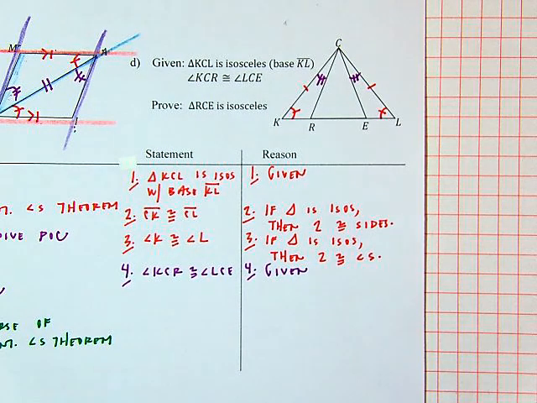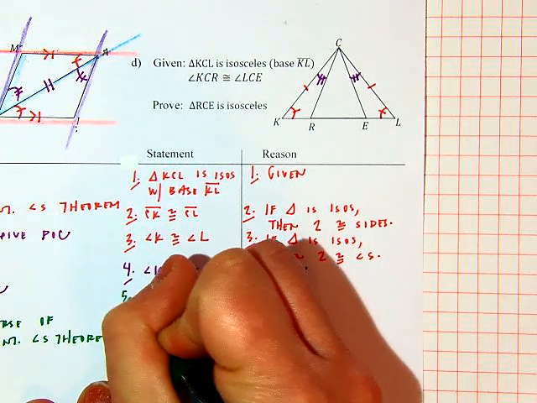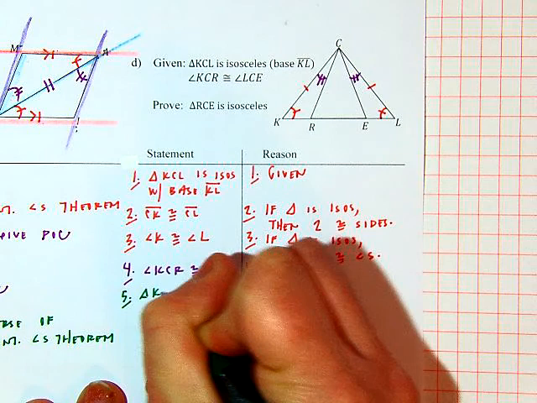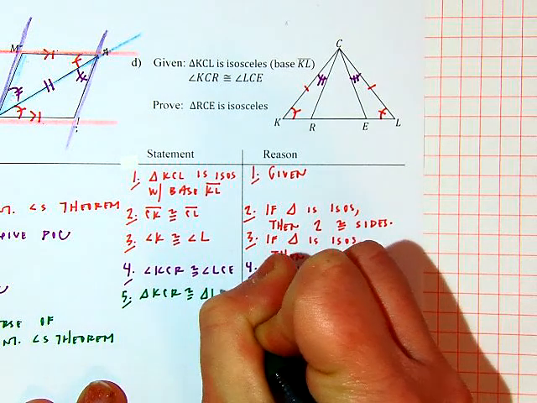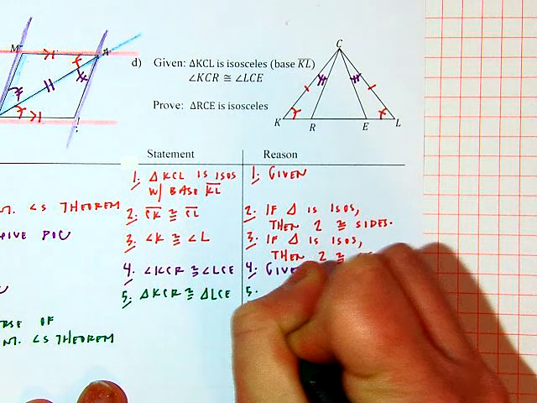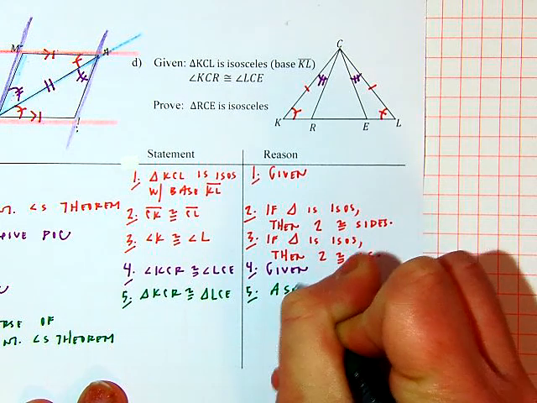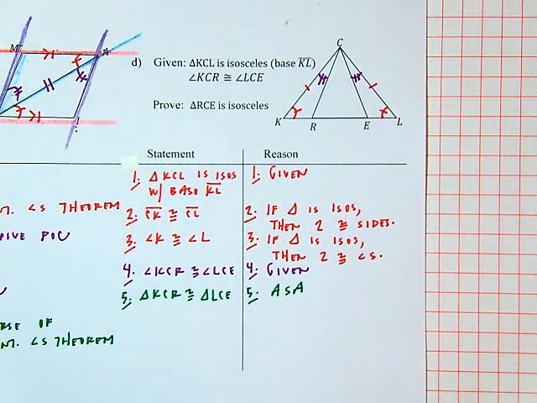Okay, so I can see then that my triangles have to be congruent. Triangle KCR has to be congruent to LCE. I have angle side angle as my combination.